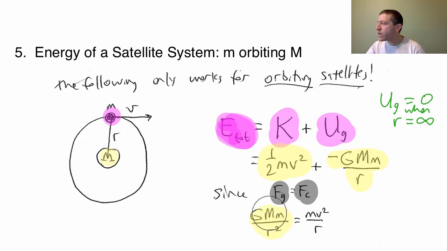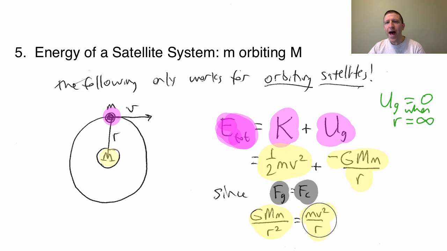GMm over r squared, that's the force of gravity, will equal mv squared over r. And you may wonder, why am I bringing this up now when we're dealing with energy? Why do I want this force in there? Well, I want you to notice what 1/2 mv squared has in common with something down here. What do you see as the commonality there?